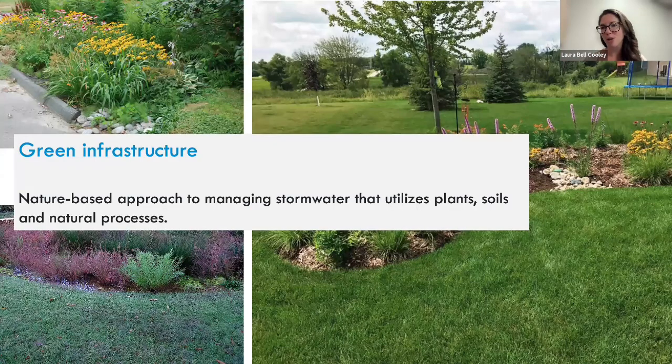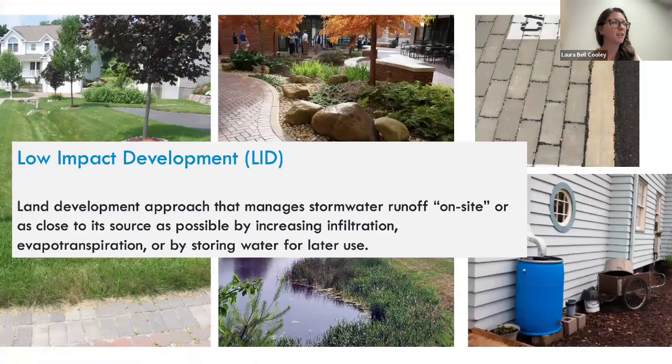Just some helpful terminology. You've probably heard the term green infrastructure. That's a larger term that refers to nature-based approaches to managing that stormwater, utilizing plants, soils, and natural processes. That can be anything from a rain garden to a larger vegetated swale, something like that. But part of green infrastructure is low impact development.